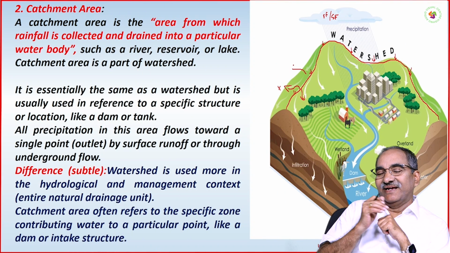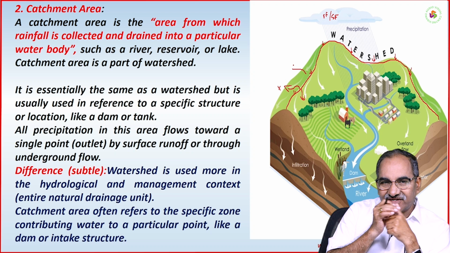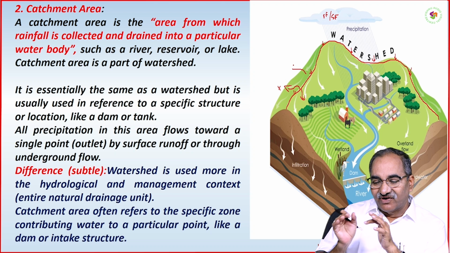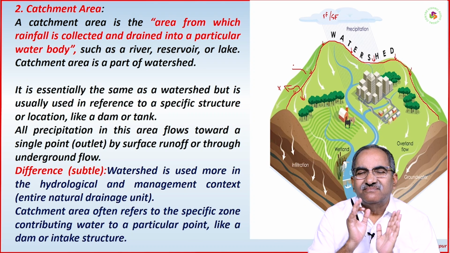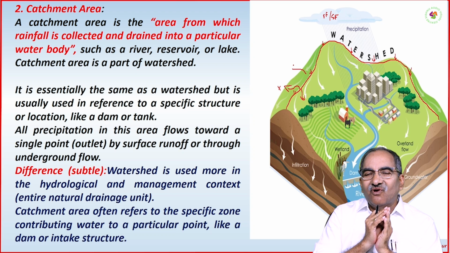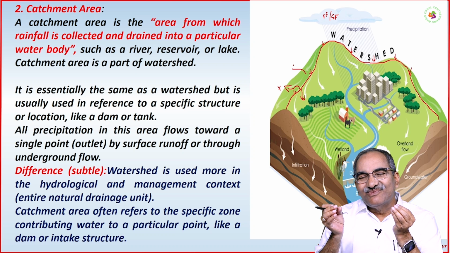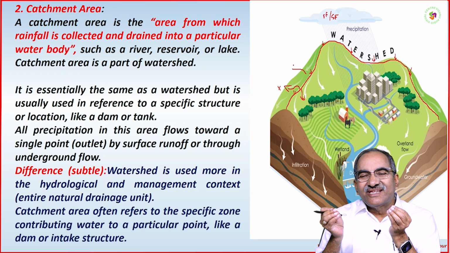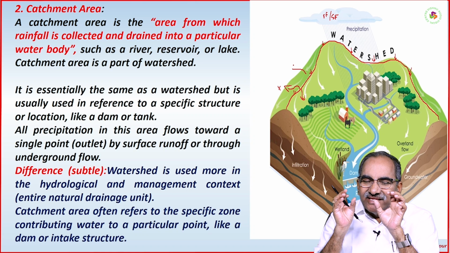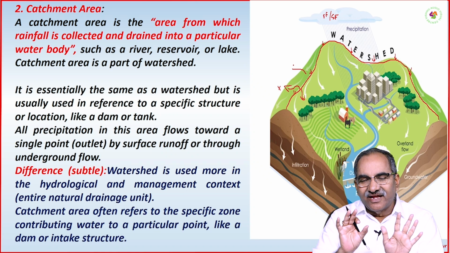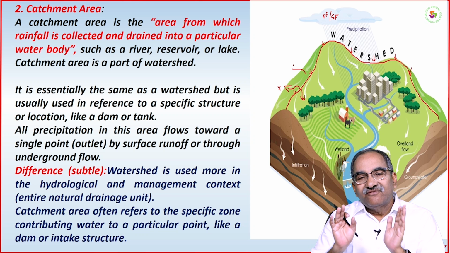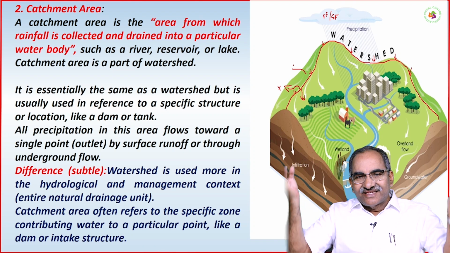What is a catchment area? Because you just now learned watershed, what is a catchment area? But let me tell you all that people use watershed and catchment almost in a similar way. But there are small differences that we will come across. So, right, watershed is on a bigger scale.